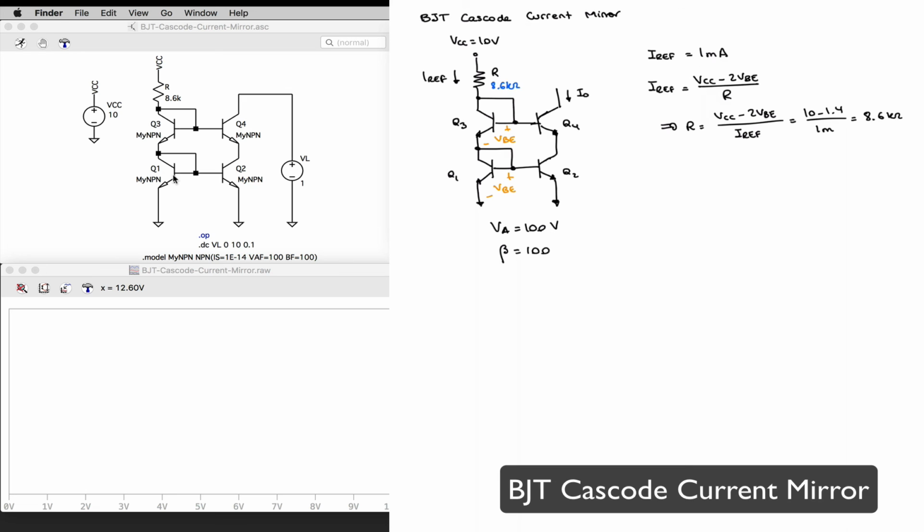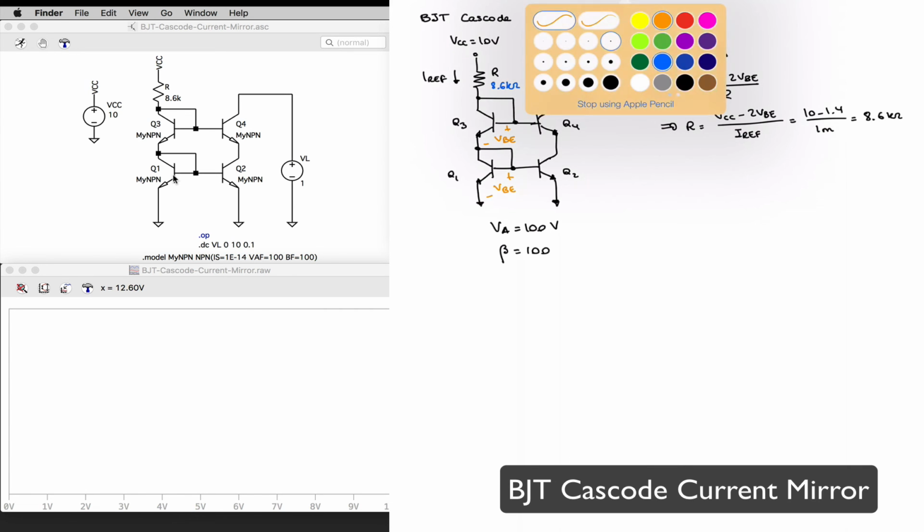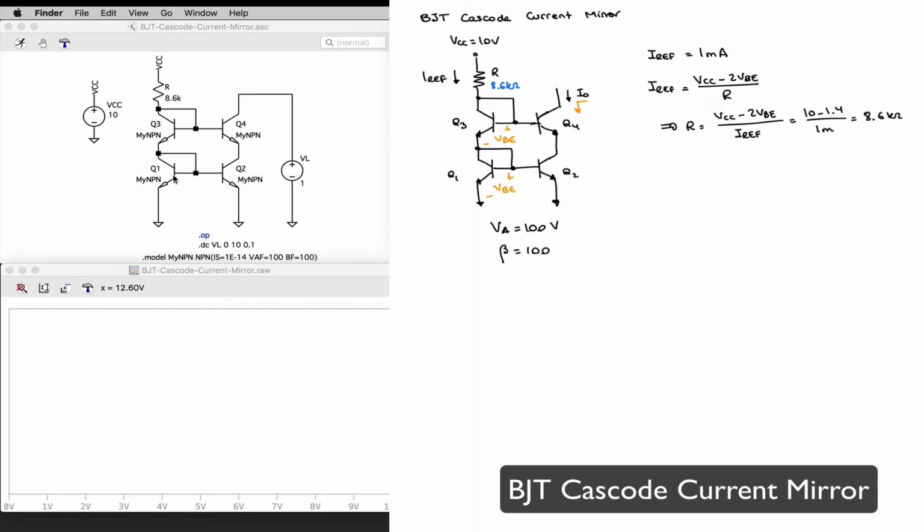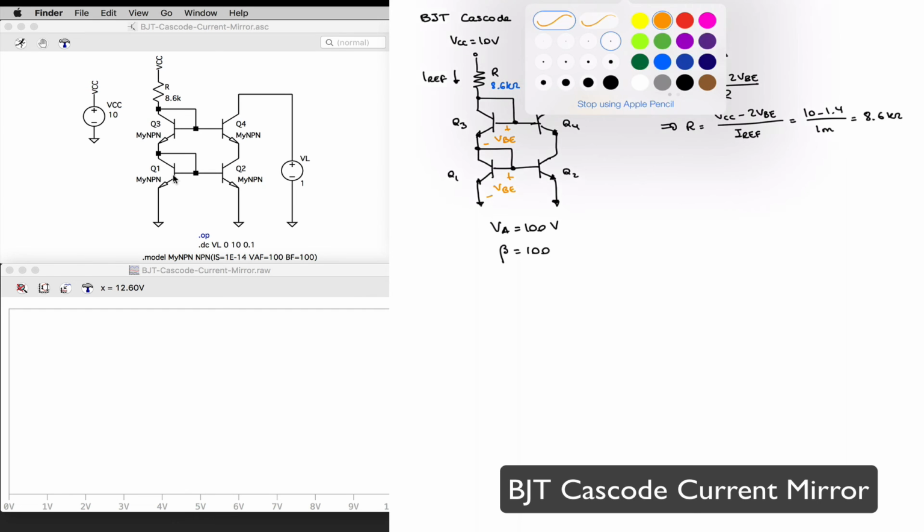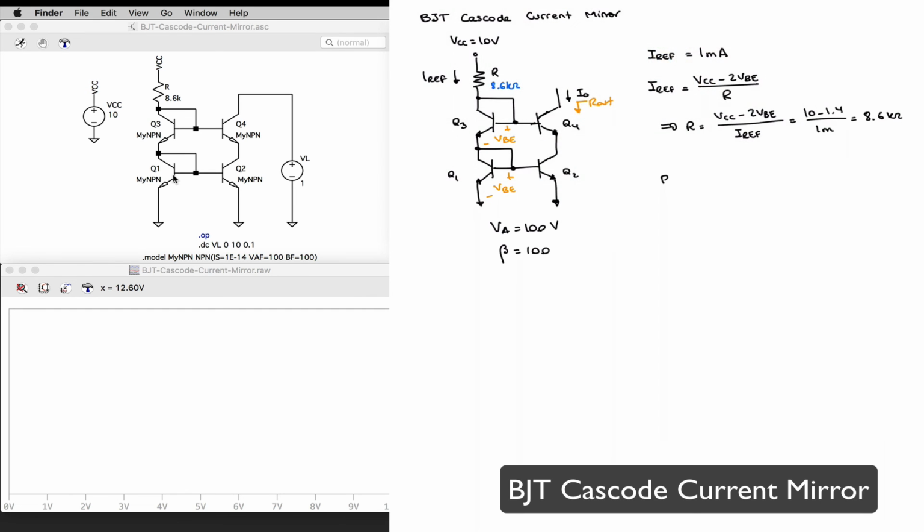And so I'm expecting that my output current will be approximately 1 milliamp, and my output resistance is going to be relatively high, or much higher than the basic current mirror. The basic current mirror is this little rho. In this case, it is approximately beta times little rho, so 100 times better than the basic current mirror.